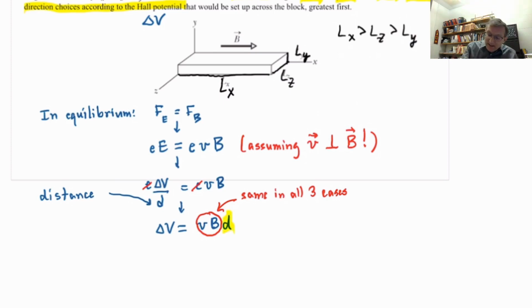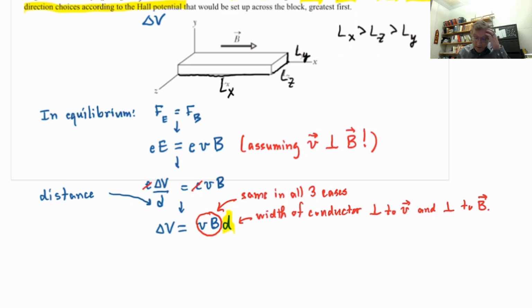And that distance, d, well, that is the width of the conductor along the dimension that is perpendicular to v and perpendicular to B.